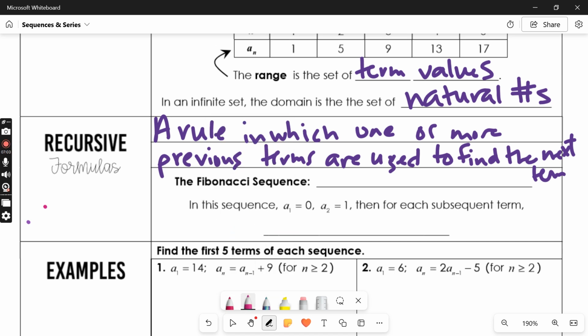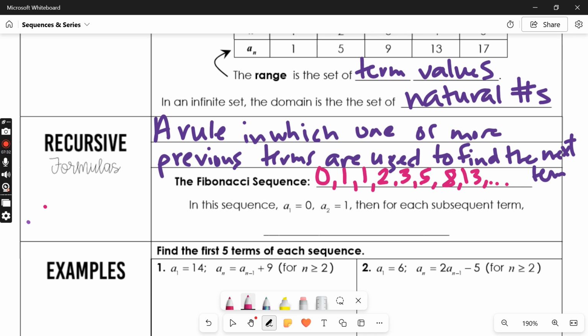Okay, so we have what's called a Fibonacci sequence. The Fibonacci sequence goes 0, 1, 1, 2, 3, 5, 8, 13, and so on. Okay, in this sequence, our first term is 0 and our second term is 1.